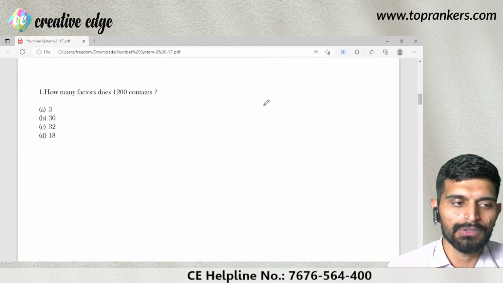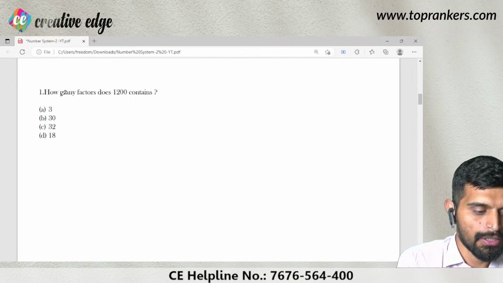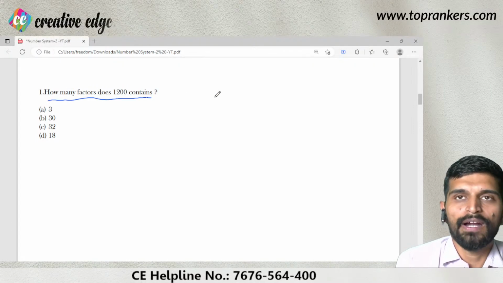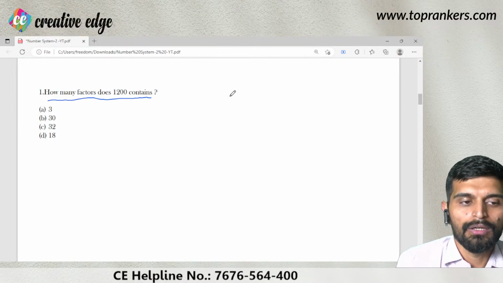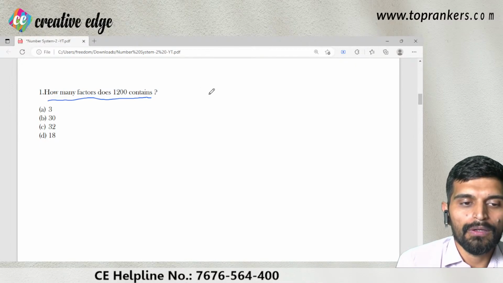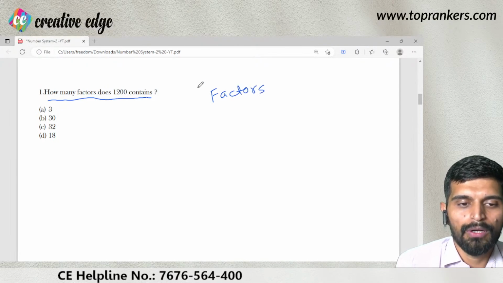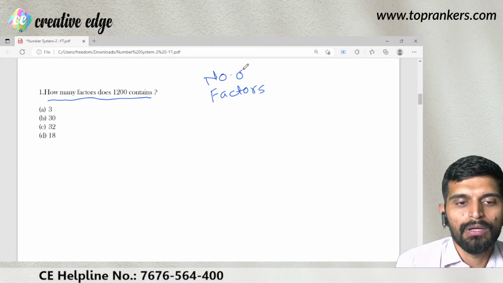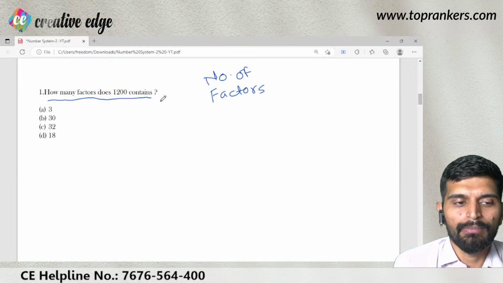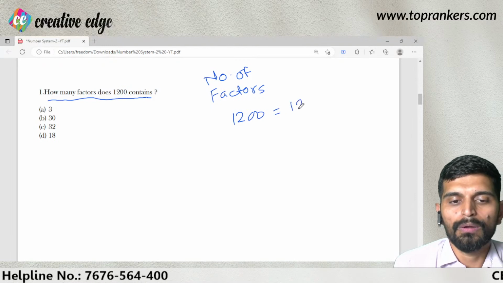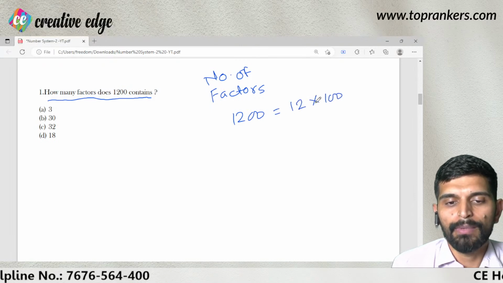The very first question reads: how many factors does 1200 contain? So we need to determine the number of factors. The process for determining the number of factors is to divide the given number into powers of prime numbers.